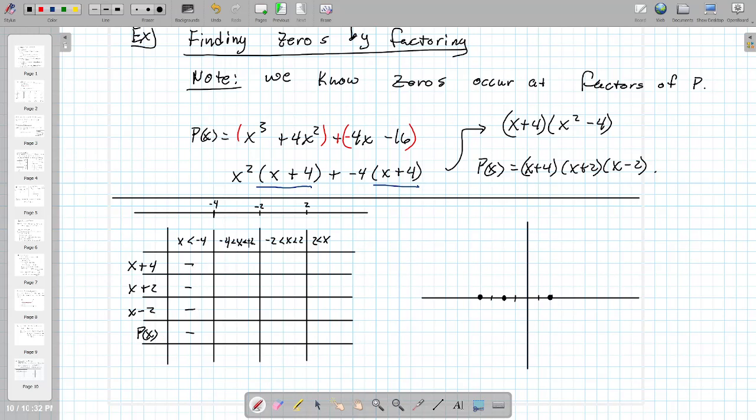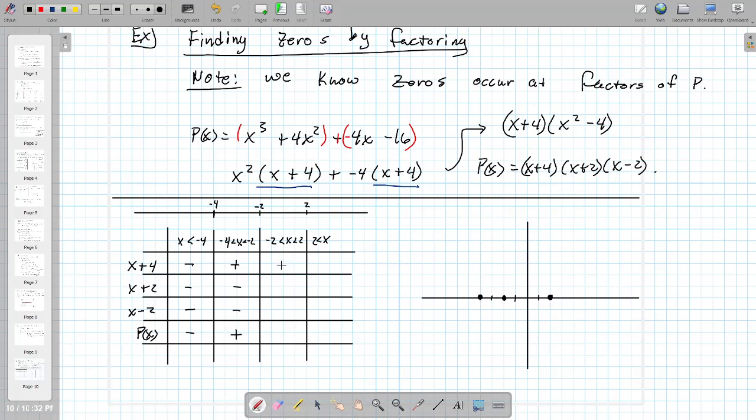If x is between negative 4 and negative 2, we can use the test point negative 3, because it's between negative 4 and negative 2. Negative 3 plus 4 is positive. Negative 3 plus 2 is negative. And negative 3 minus 2 is negative. So we have a positive times a negative times a negative for our p of x, and that gives us a positive. So we know that p of x is going to be above the x-axis on the interval negative 4 to negative 2. Then we check between negative 2 and 2. We can check 0.